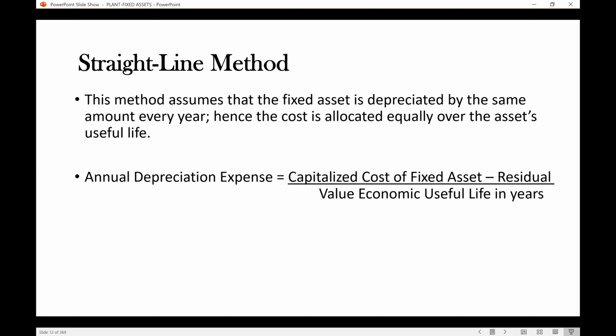Annual depreciation is equal to the capitalized cost of the asset minus the residual value of the asset, divided by the economic useful life in years of the asset. So whatever figure you've gotten at the start of acquiring this asset, this is the depreciation figure that will remain throughout the useful life of the asset, and at the end of it, you should be left only with the residual value.